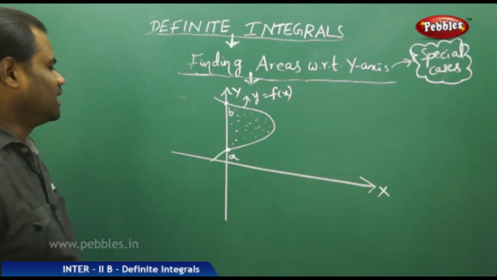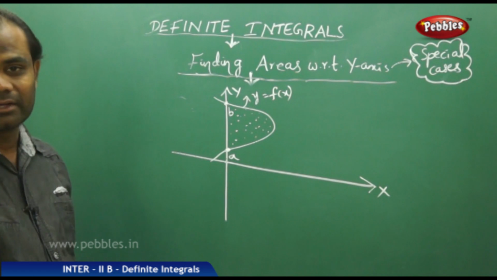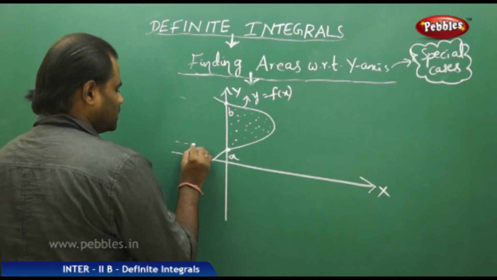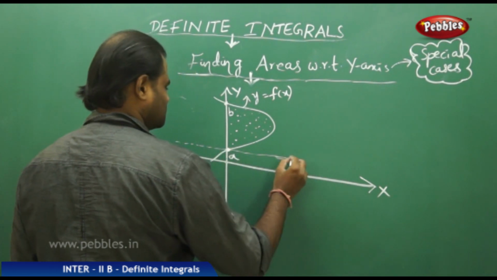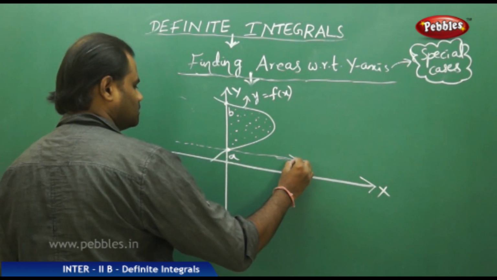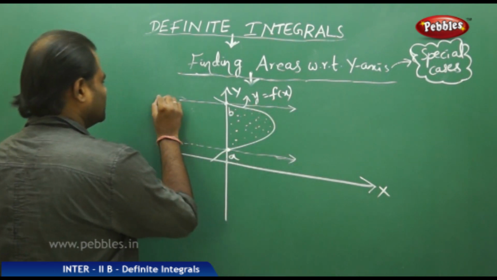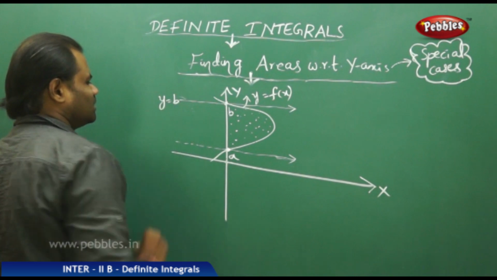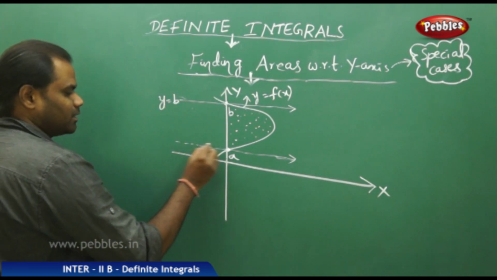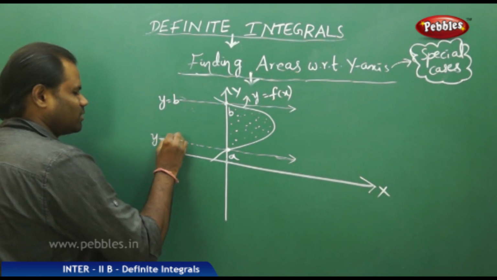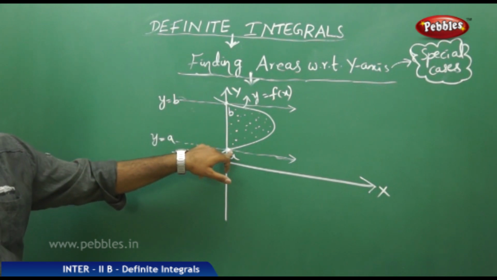Now in this case we see that there are no given lower and upper bounds, but the intercepts will decide the lower and upper limits. As you draw a line passing through B, I clearly see that the line parallel to the x-axis is y equals b, and the line passing through A is y equals a. That is how we get the limits using the intercepts.